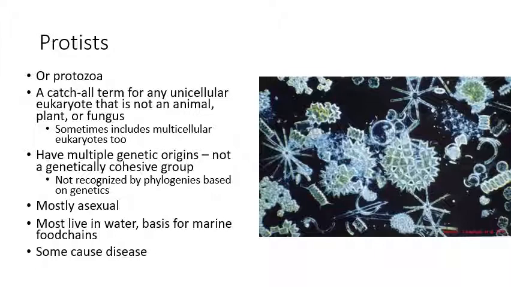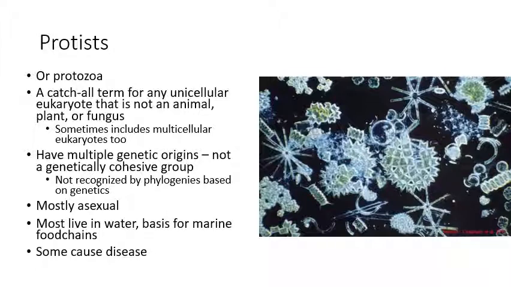So it's like a grab bag, basically. If there's a eukaryote, but it's not an animal, and it's not a plant, and it's not a fungus, you basically say it's a protist if you don't know where else to categorize it. Most of them are unicellular, but there actually are a few that are multicellular.